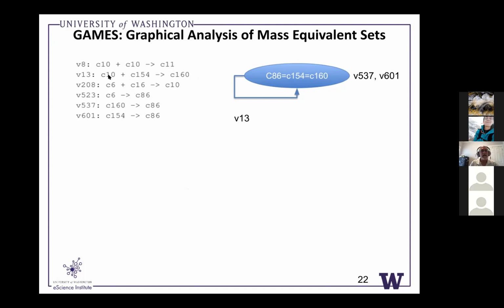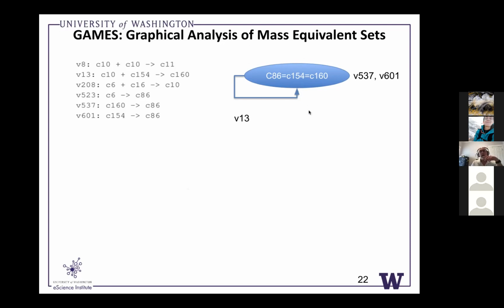So if I go from C10 to C160, I know that C10 should be less than C160. And so I also know that C154 should be less than C160. So I take an arc, here's where C154 is. I have an arc from its node, which is in this mass equivalent set. And the destination of the arc is actually the same node, because C160 is on the right-hand side.